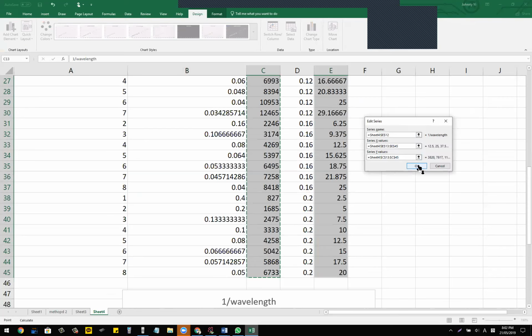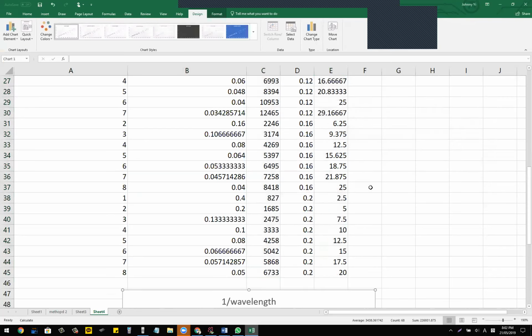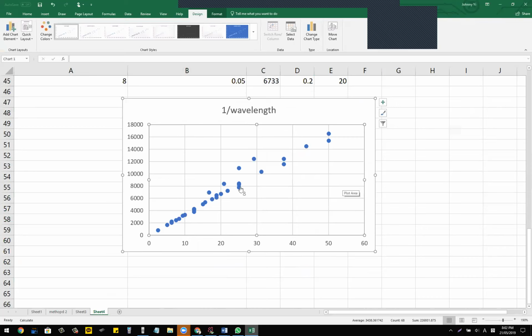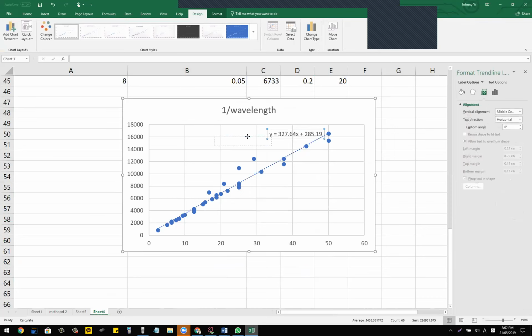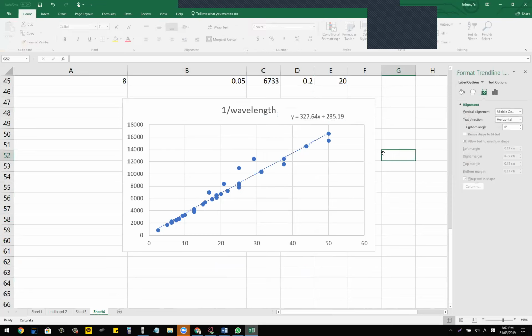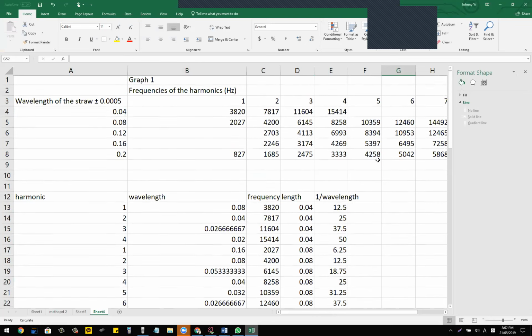Once we do that, it will be flipped. Add trend, equation and chart. Oh, there you go. Look at that. 330. Yeah, that's very close. So that's how you do it.